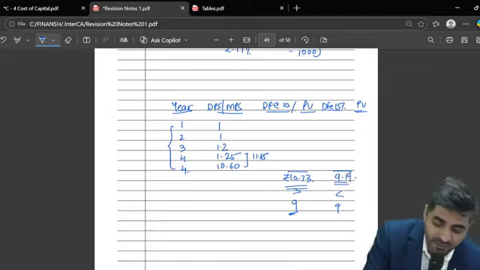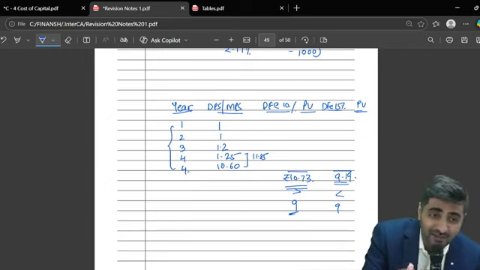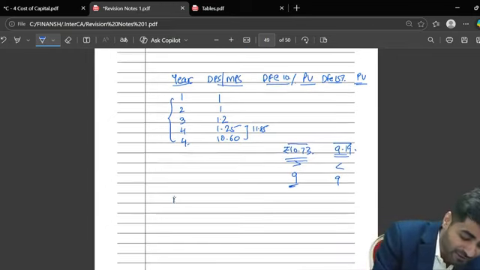Oh, again at 15% I'm not getting it. It's coming as 9.19. So now I still want 9. What will I do? I will discount it now at what percentage?